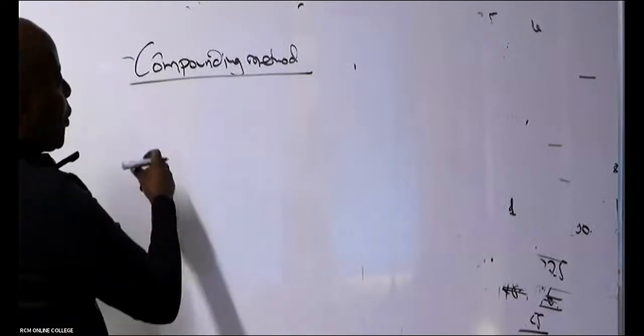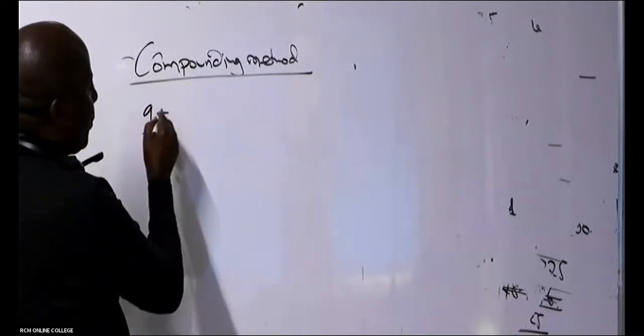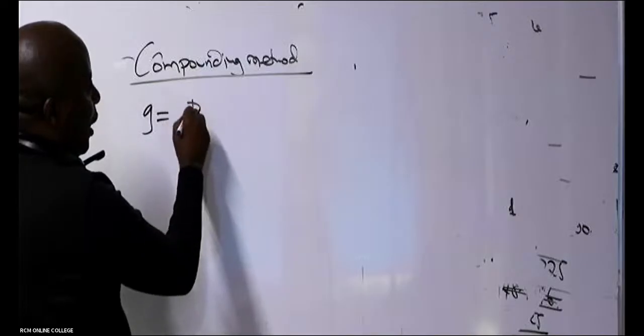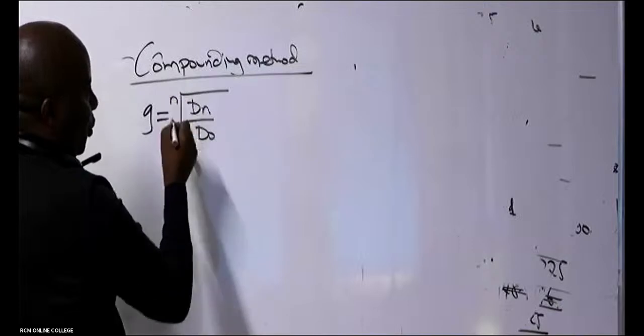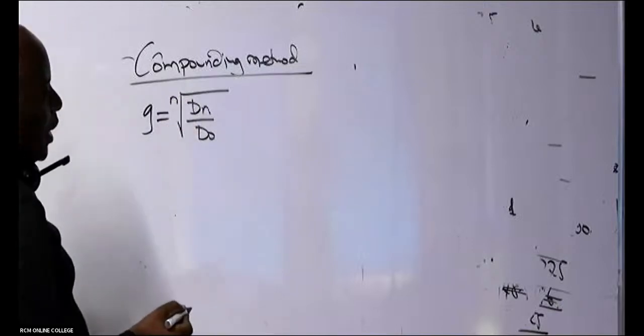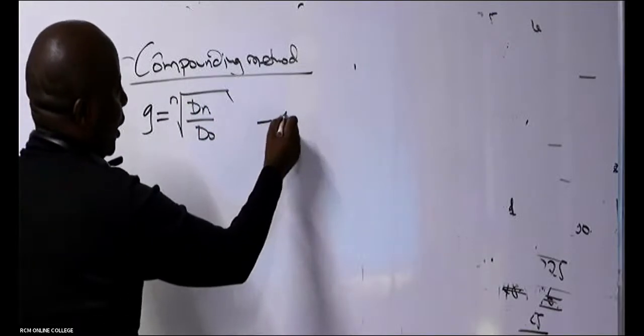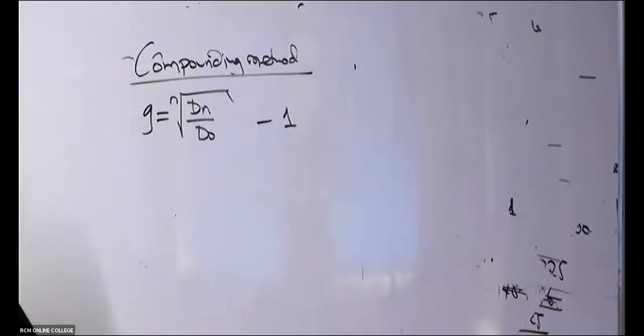We shall compare two dividends, Dn over D0, and then take the nth root. Whatever you get, you take away 1. That gives the compounding growth rate from the compounding formula. And then I will give you an illustration.